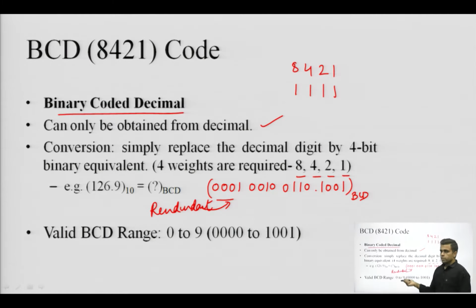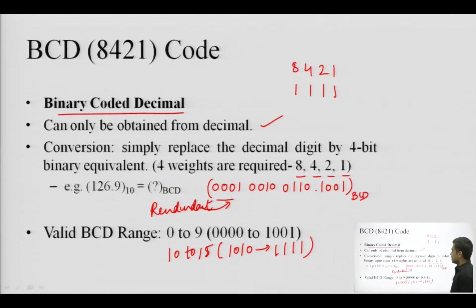But I am only interested in values from 0 to 9, so the range 10 to 15 is the range in which I am not interested. 10 will be represented by 1010 and 15 by 1111. So, this 10 to 15 becomes my invalid BCD.